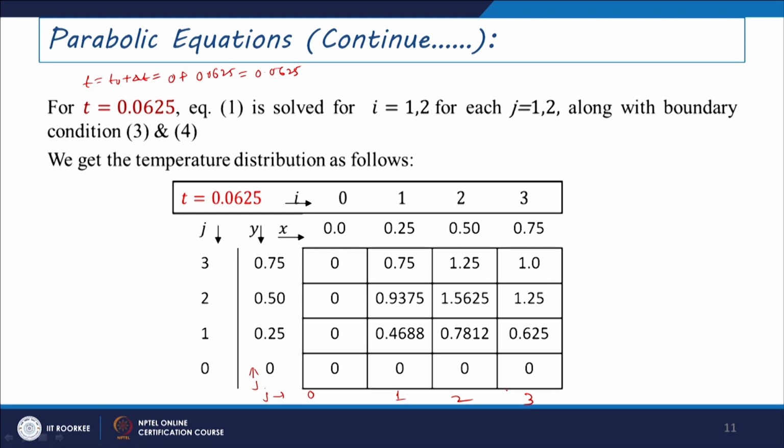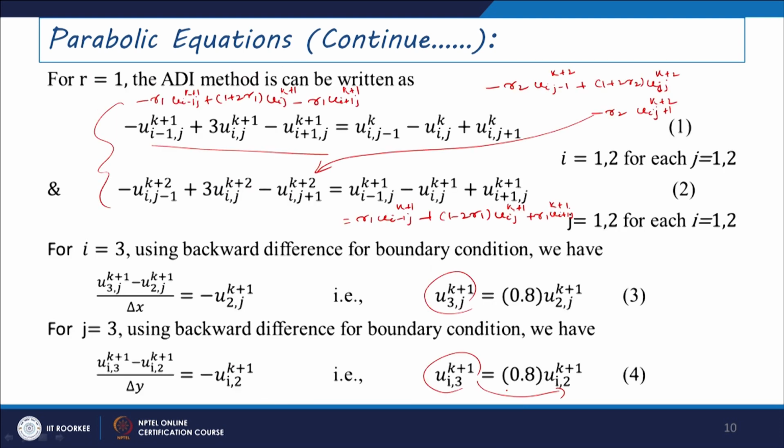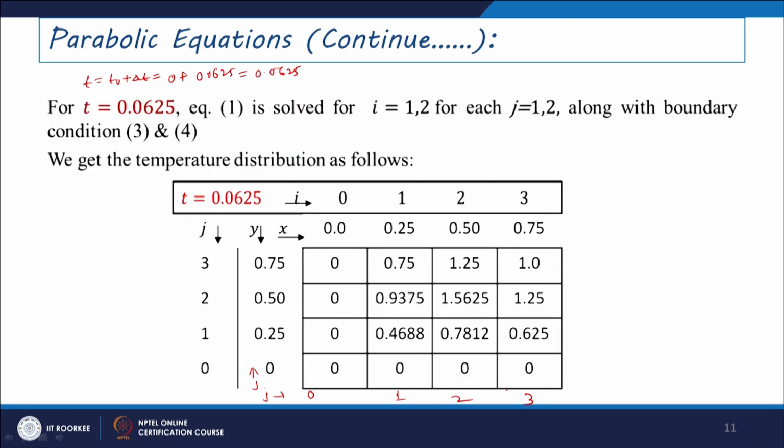If you compute all these values from the set of equations that has been formulated here, then we can find the temperature values at different grid points, that is 1,1, 1,2, 1,3, then 2,1, 2,2, 2,3, then 3,1, 3,2, 3,3 coordinates.